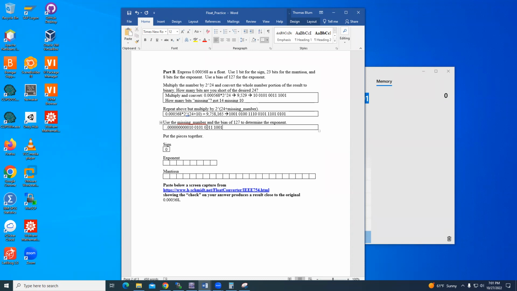So I converted a number less than 1, so I had no whole number. And I got my fraction, and that's what I got. So now I want to move this dot.